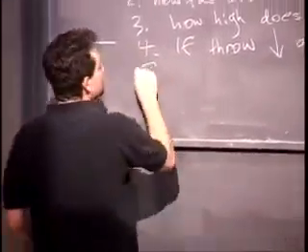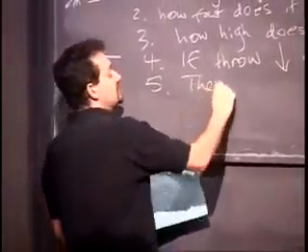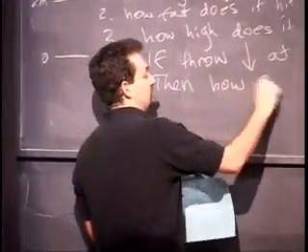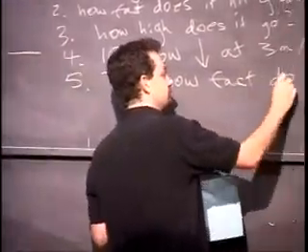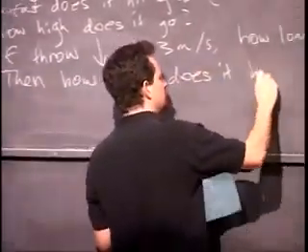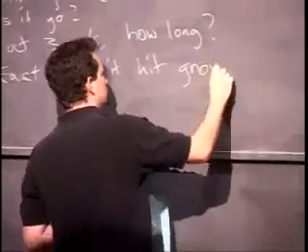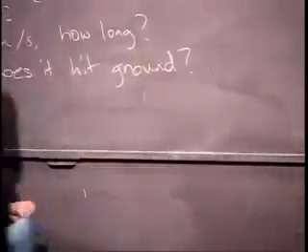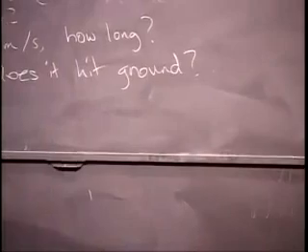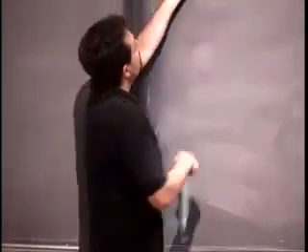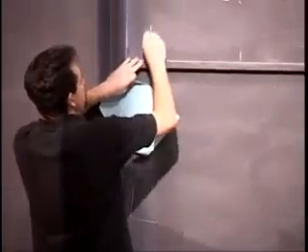And finally, then how fast does it hit the ground? Okay? So there's a suite of 5 questions, all based on the same or similar original scenarios. Well, let's do problems 1 to 3 first.